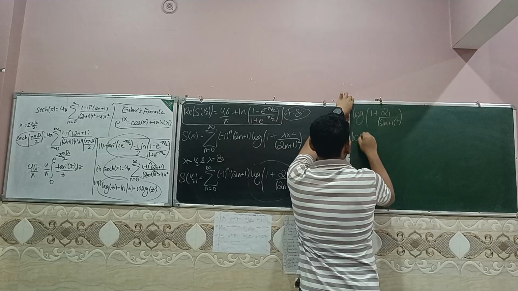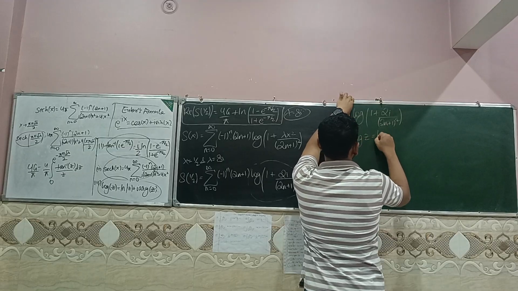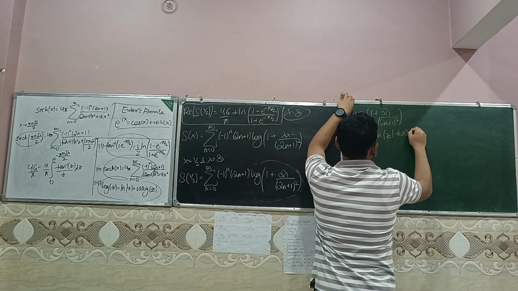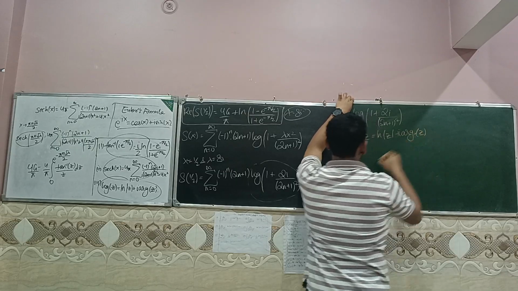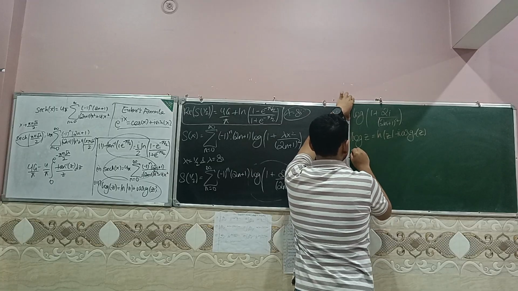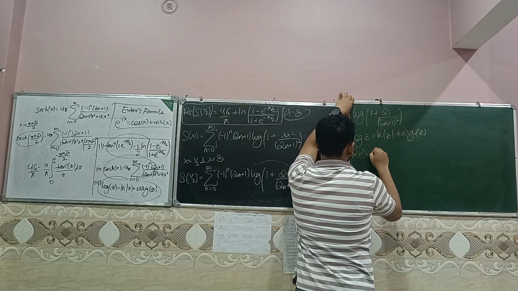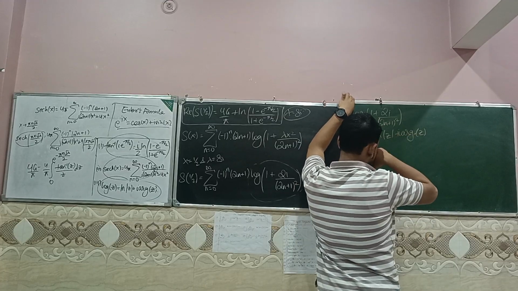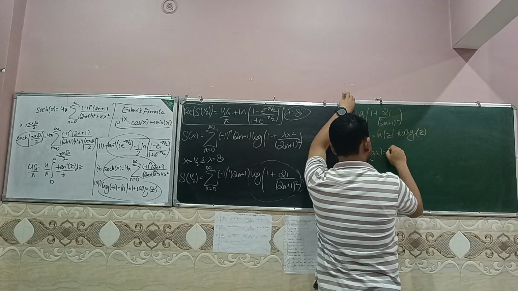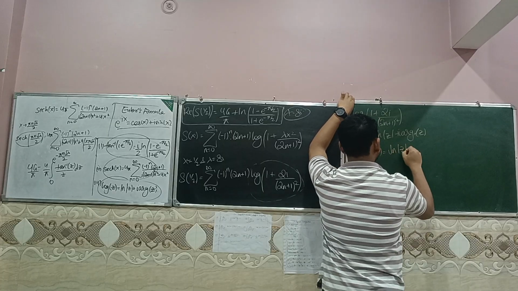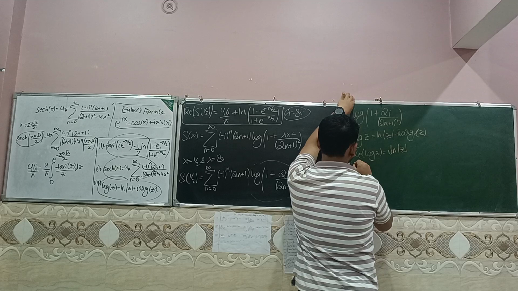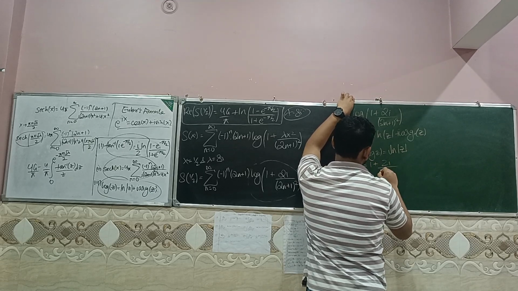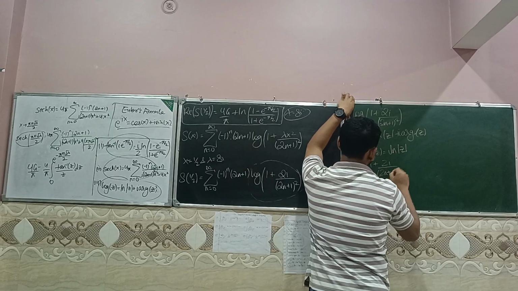From our formula, log of z equals ln of modulus of z plus i times argument of z. If we take the real part of this equation, the real part of log z equals, this argument becomes 0 because we are talking about the real part only. So this becomes ln of mod of z. And mod of z here is 1 plus 2i over (2n plus 1) whole square.